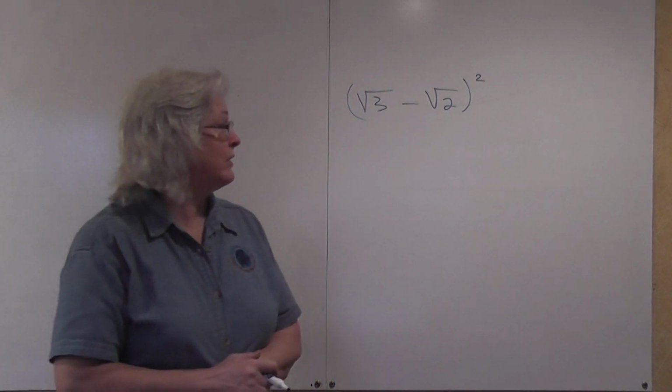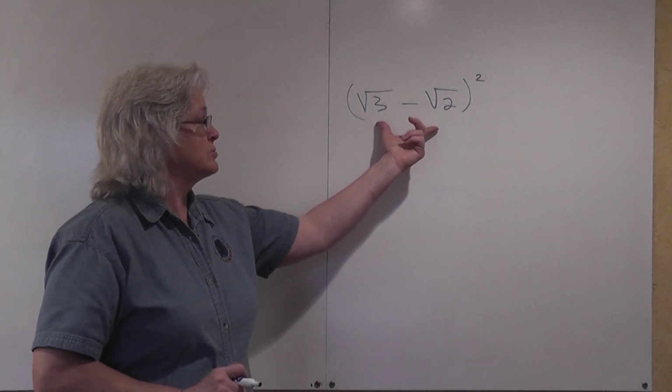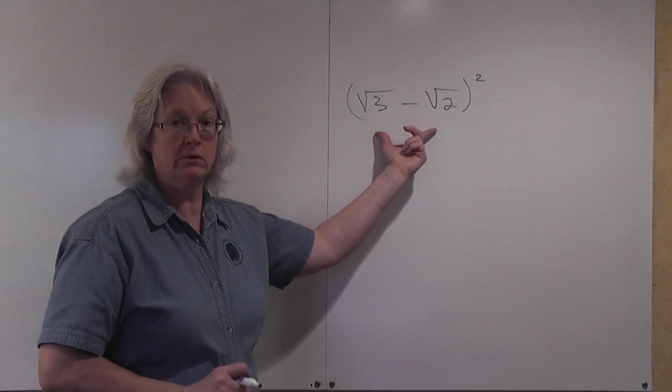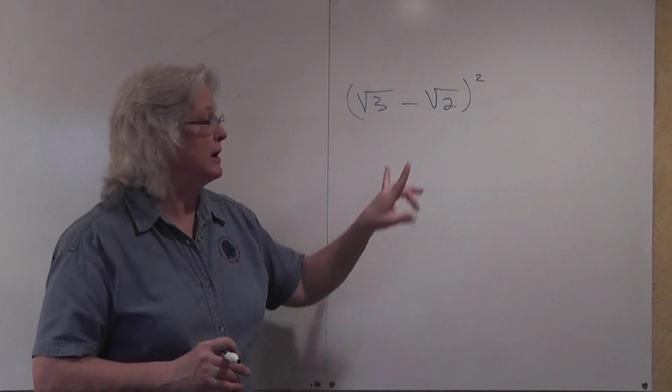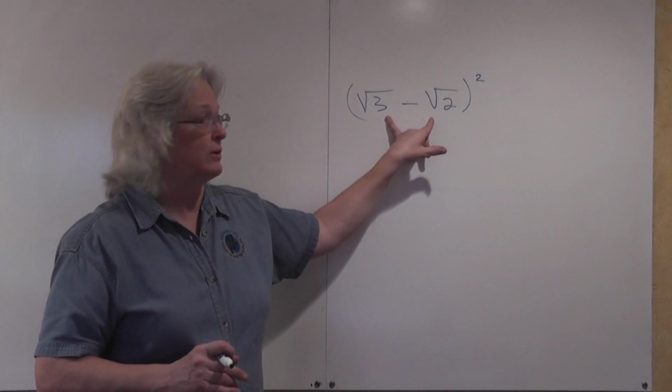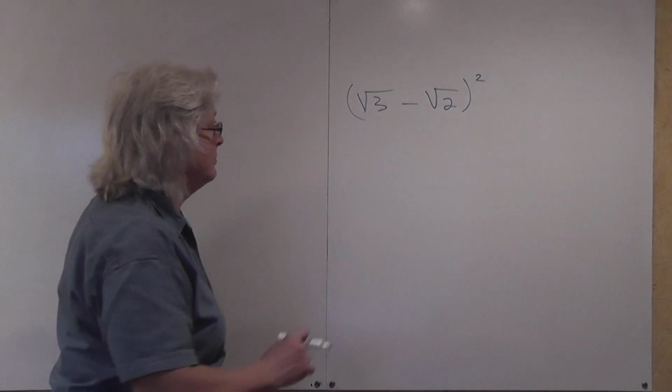A perfect square trinomial is where you have a binomial looking expression that you're using as a factor twice. This has a pattern. How do you work with perfect square trinomials?